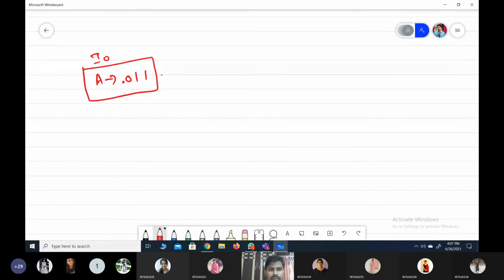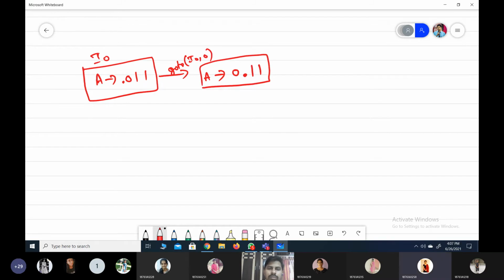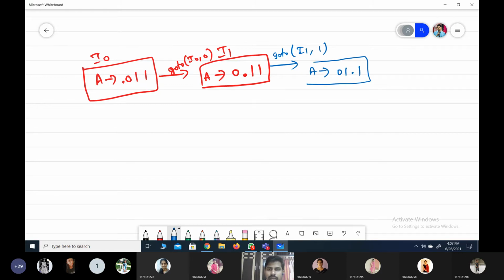In this item state, if 0 is applied, that means goto of I0 on 0 is applied, then we write the production A tends to 0.11. Is it okay? So now I would like to rename it as state number 1. On I1, goto of I1 on 1 is applied, then we write A tends to 0.1. Then this is called the I2 state.